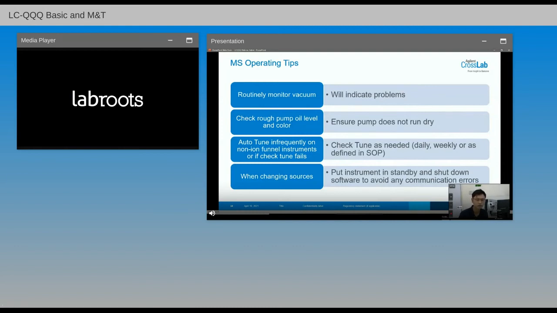When changing sources, of course, you do have to put the instrument into standby mode. Not only when changing sources: for example, if you have a TQ and you are going to change or clean the ion capillary, and you have a gate valve, you have to use the gate valve and pull out the capillary, and before all this happens, the system has to be in standby mode.